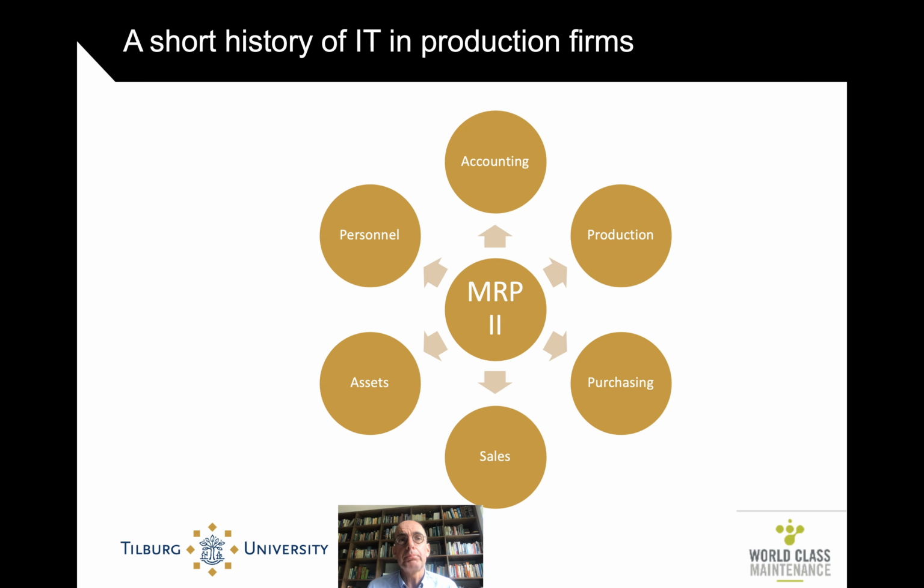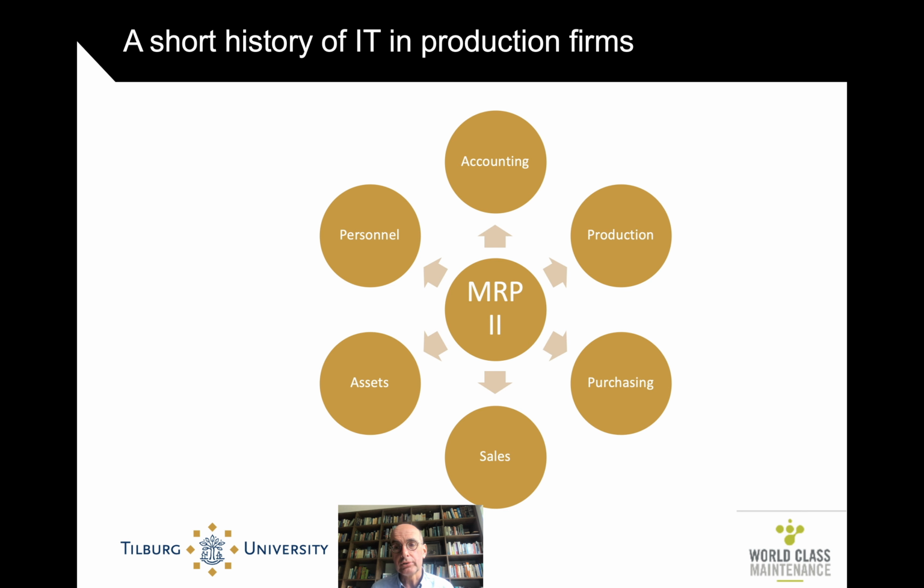Later on, with MRP2, companies, consultants and IT vendors realized that to do so without taking into account the limitations in capacity was risky. And so the main sources of capacity, usually people and machines, had to be incorporated as well.